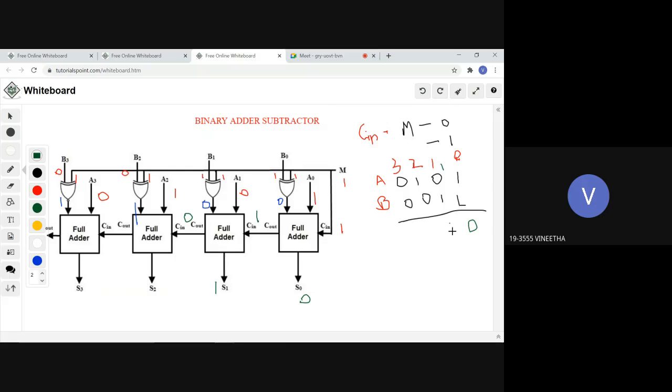So here we get the sum as 1. And again 1 plus 1 plus 0 is again 1 as a carry and 0 as a sum. And 1 plus 0 plus 1 again, 1 is a carry and sum is 0. So the final output we got is 0, 0, 1, 0.